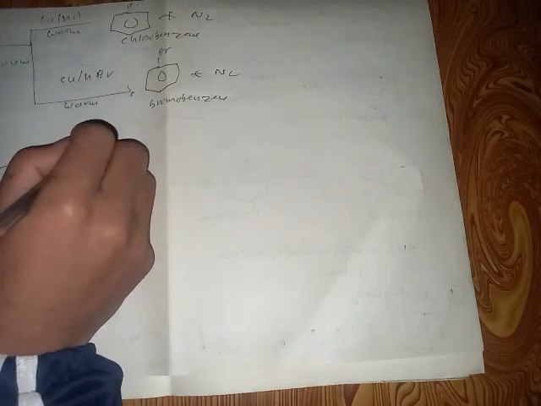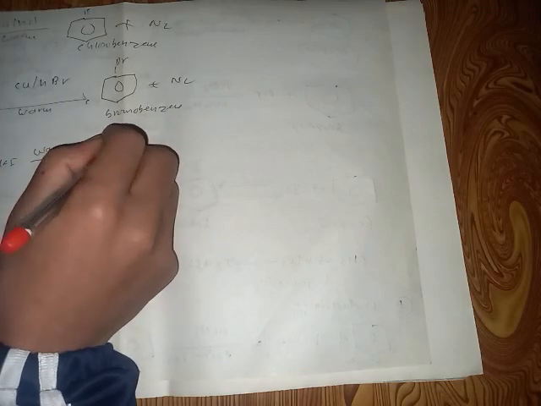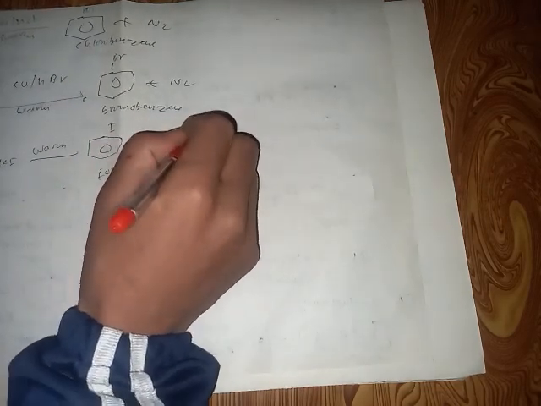Benzene diazonium chloride reacted with aqueous potassium iodide in warm conditions, then to give the product iodobenzene, and the side products are nitrogen plus potassium chloride.